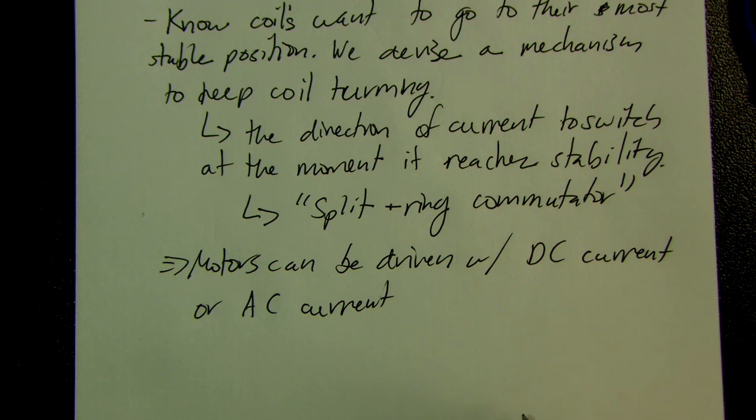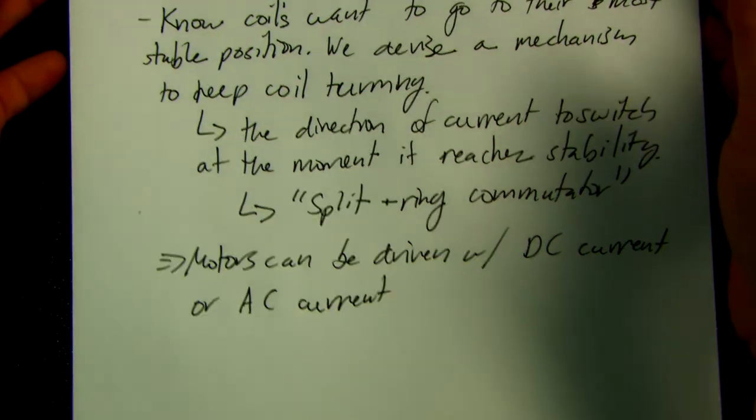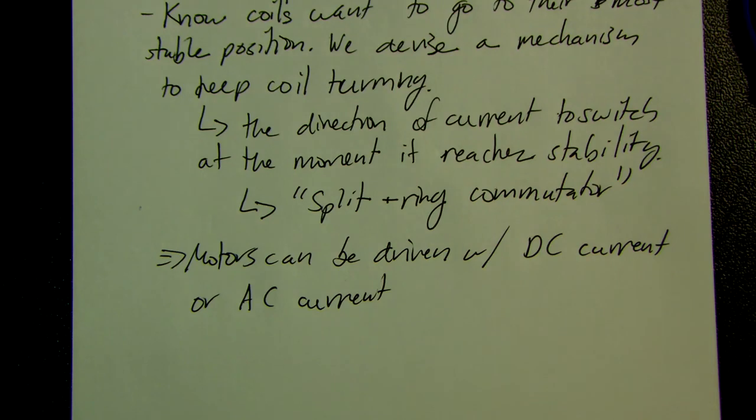Either one can be used to perform a motor. So for those of you building the motor, you can get bonus points if, in addition to building a functioning direct current motor, you also are able to build a functioning alternating current motor.